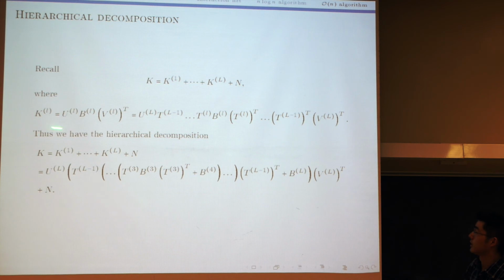By incorporating this factorization into the decomposition for the original kernel matrix, we see that the kernel matrix K can be written in this form, which we usually call telescoping expansion.